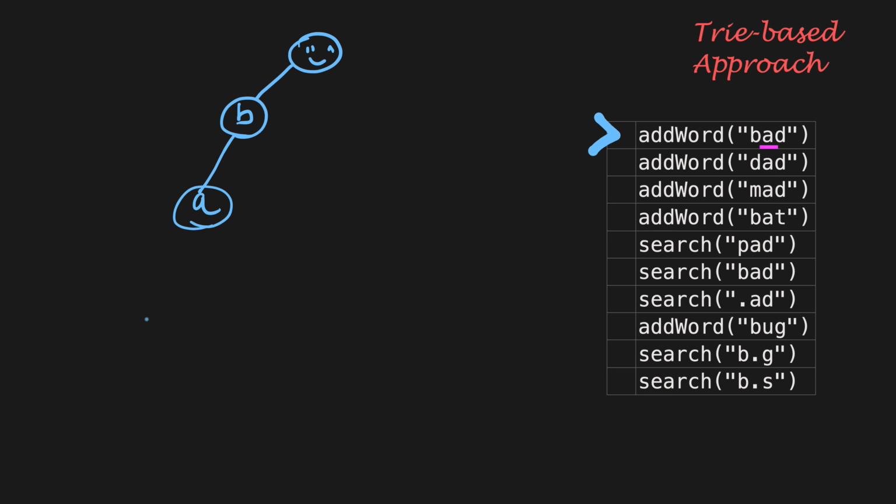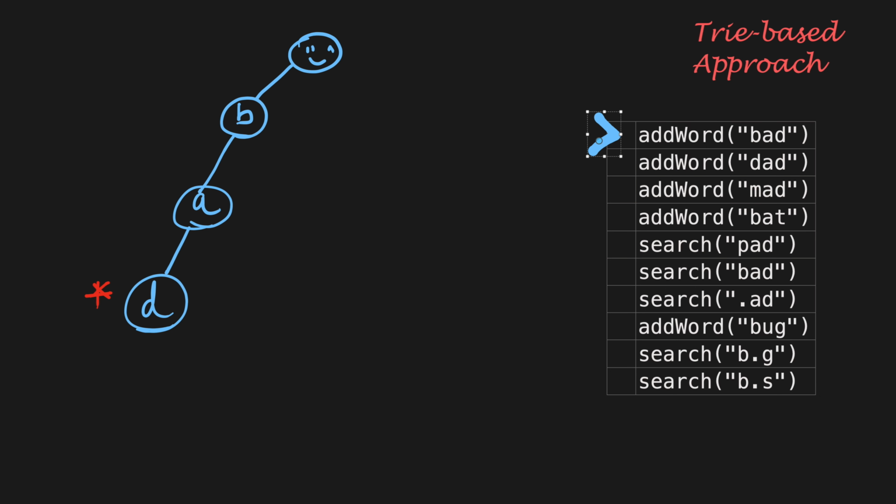The last character is T, and we do the same thing, create node T from node A and move the pointer there, and now we are at the end of the word. So we must signify that this path forms a complete word, and hence we will set the is end of word flag for the current node to true.